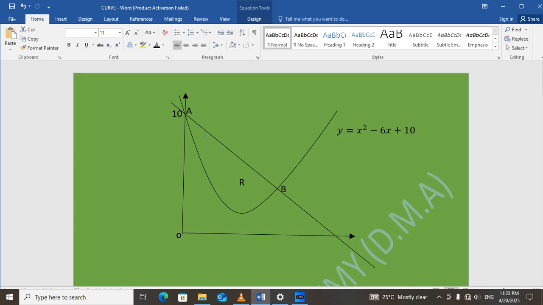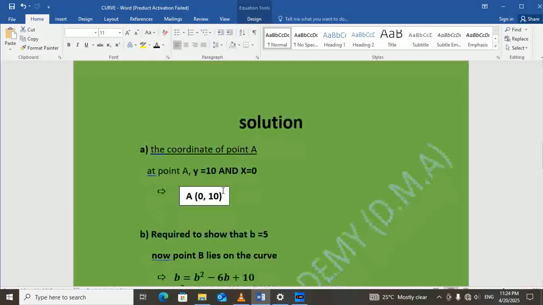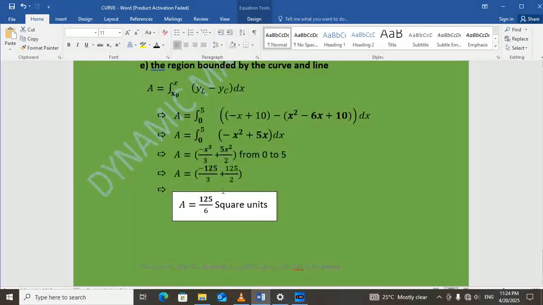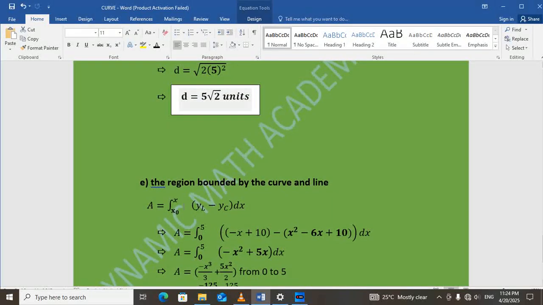Then the area will simply be the integral of the difference between the two curves. So that is why I wrote here: area is equal to the integral from x0 to x of YL minus YC. YL simply means the line, that's the equation of the line, minus the equation of the curve.